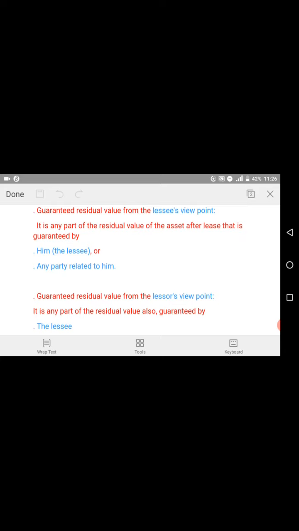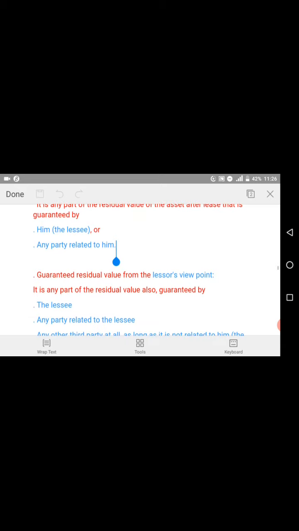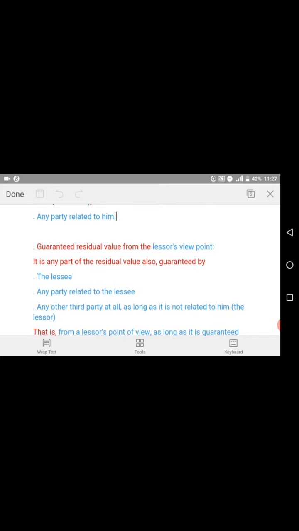The first, it is any part of the residual value also guaranteed by the lessee, like this time, any party related to the lessee, any other third party at all, as long as it is not related to him, that is the lessor.